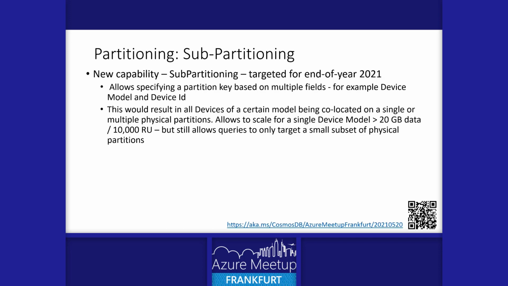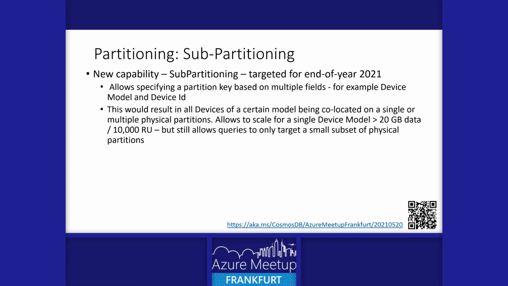But with subpartitioning, you could say, use the model as the first part of my partition key, and then the device ID as the second part. The logical partition would then be a combination of both fields. So you would have an equally good distribution of load and storage, like we had with just using the device ID.